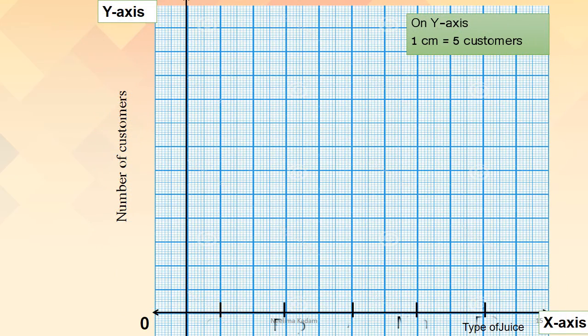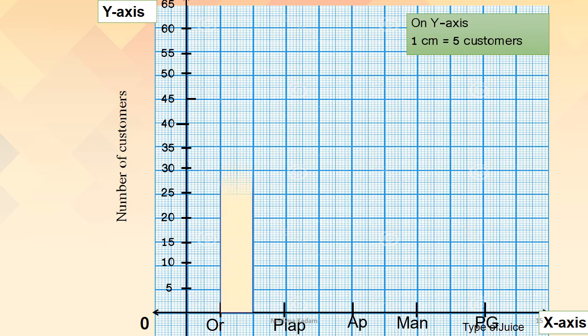For the second graph we have to represent, on the y-axis, 1 centimeter equals 5 customers. Okay, so orange, pineapple, same as before on the x-axis. On the y-axis 5, 10, 15, 20, 25, 30, 35, 40, 45, 50, 55, 60, 65, 70. Okay. Now for orange, 50 means, see here, 50.